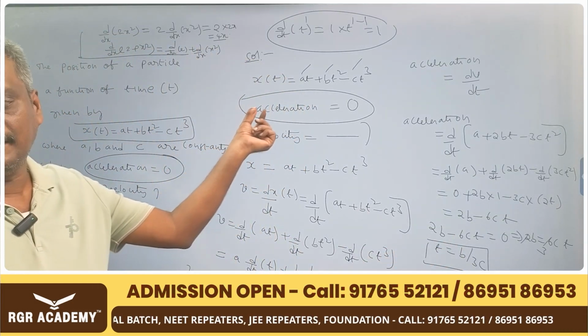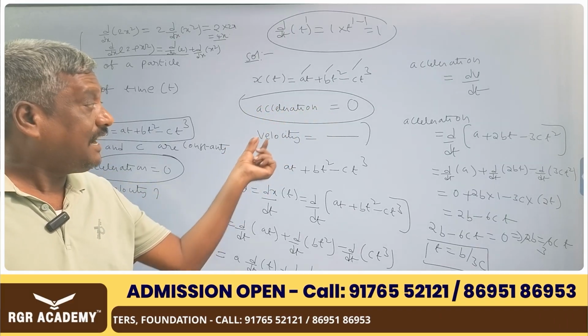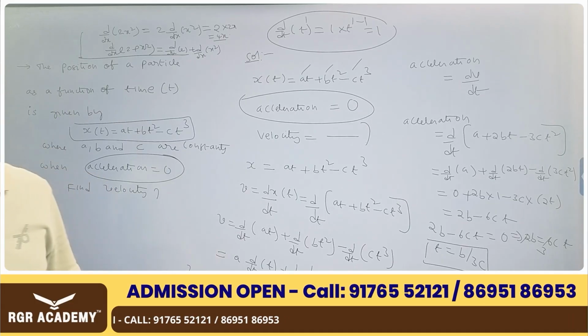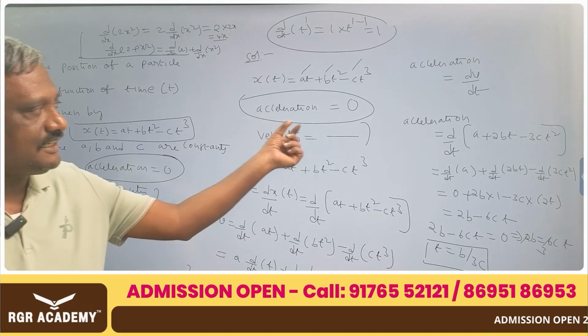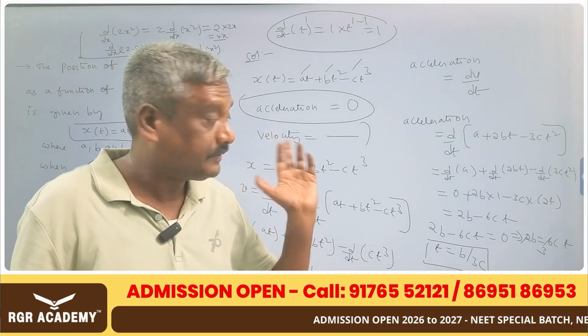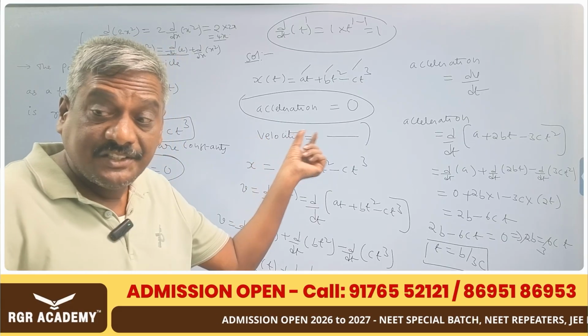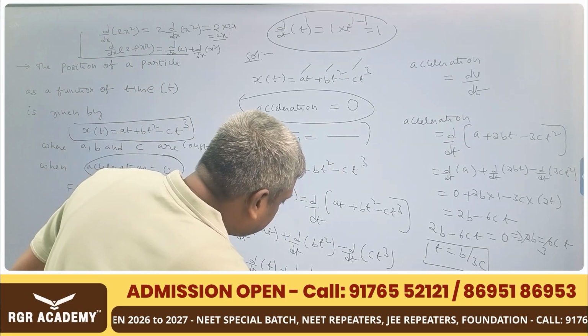Now see this one. When acceleration is 0, velocity becomes what? That condition is the most important one. When acceleration is 0, you got the time value like this. We have already found the velocity like this.